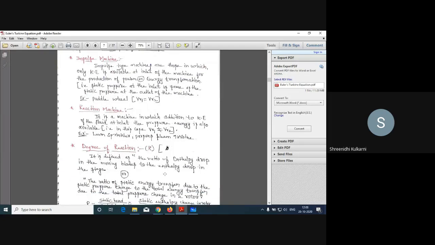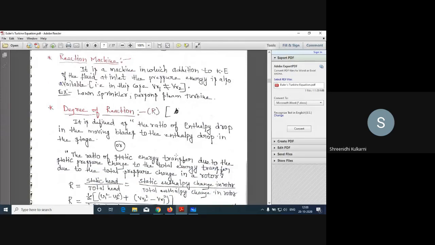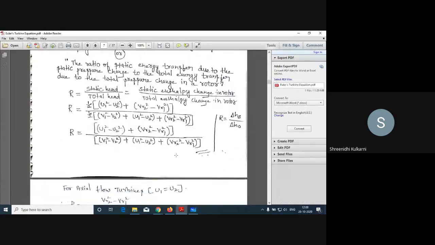We also discussed the degree of reaction, because it is very important for drawing different velocity triangles by varying R. It is the ratio of the enthalpy drop in the moving blades to the enthalpy drop in the stage.